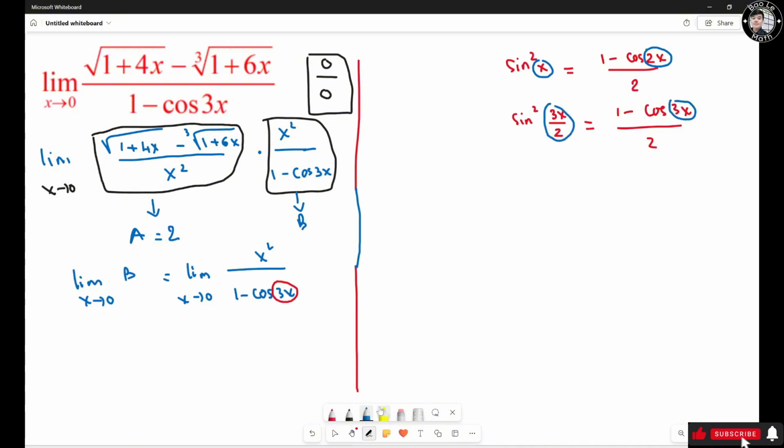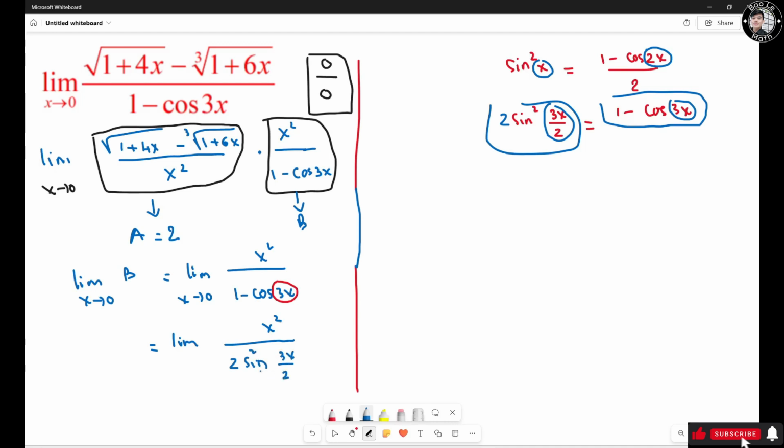Now I'm going to multiply both sides by 2. So that means I get this one multiplied by 2. I just replace this guy with this guy. So this turns out to be the limit of s squared over 2 sine squared of 3s over 2 when s approaches 0.